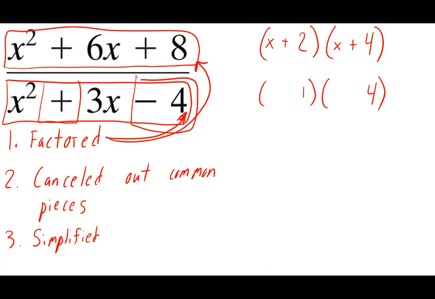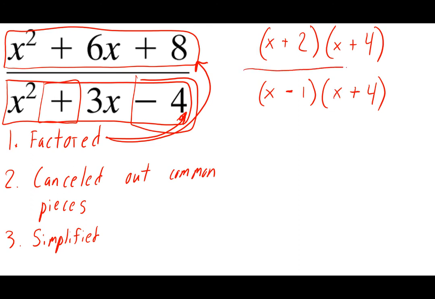And then this tells me which number will get the negative, because it's a positive 3x minus 4. That tells me the bigger number, in this case the 4, will get the positive sign, and then the 1 will get the negative sign. And once again, they both get an x.